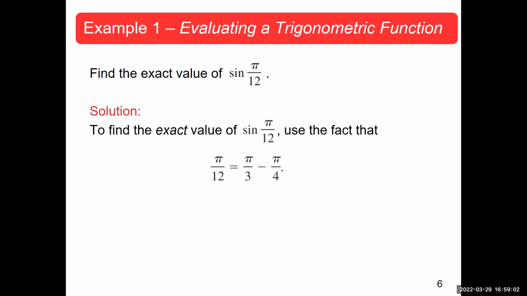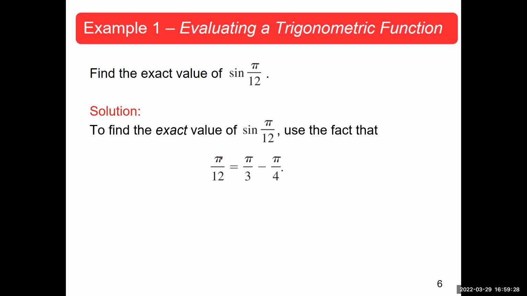Find the exact value of sine of pi over 12. Again, they're trying to use the circle. I can use a calculator to find this one, but they want it in terms of pi, the exact value. The calculator is not exact, it's always an approximation.